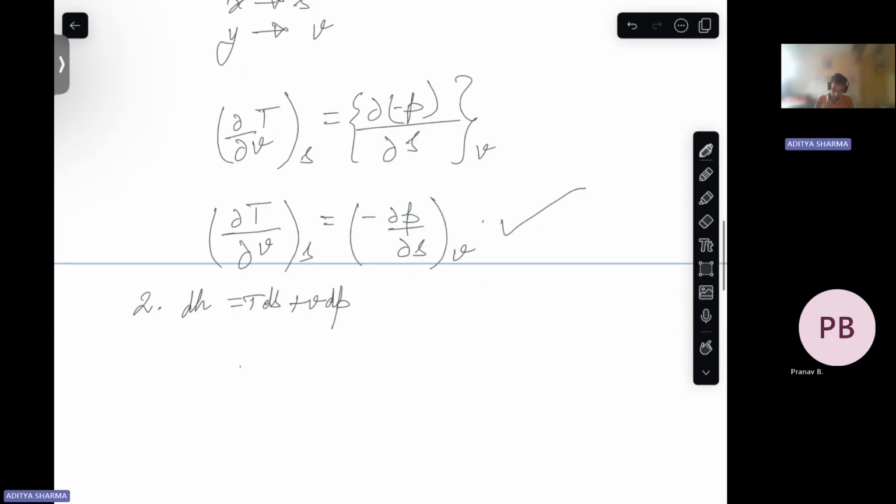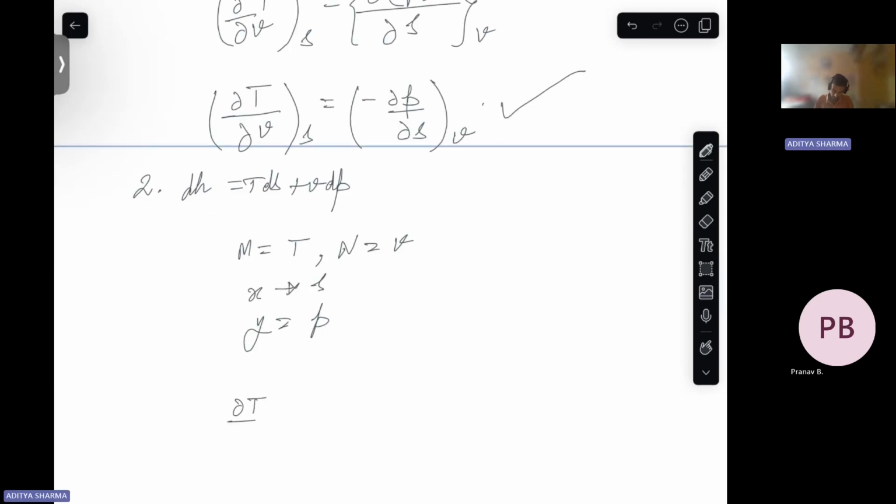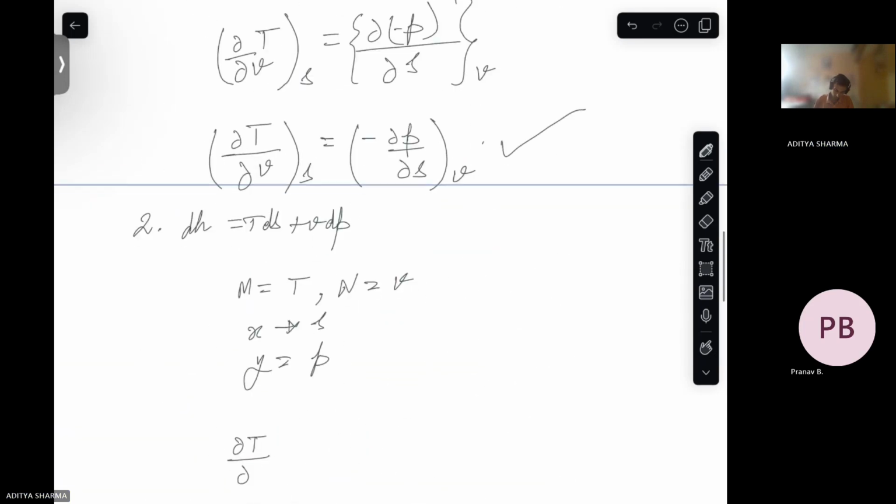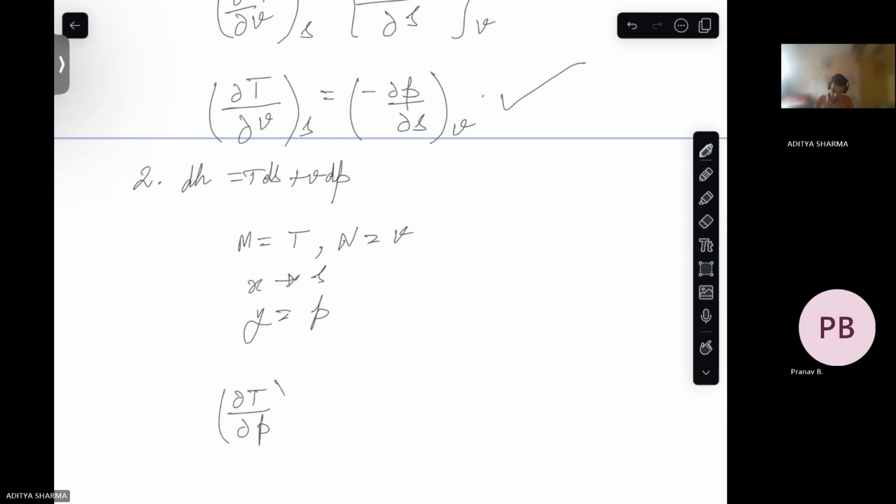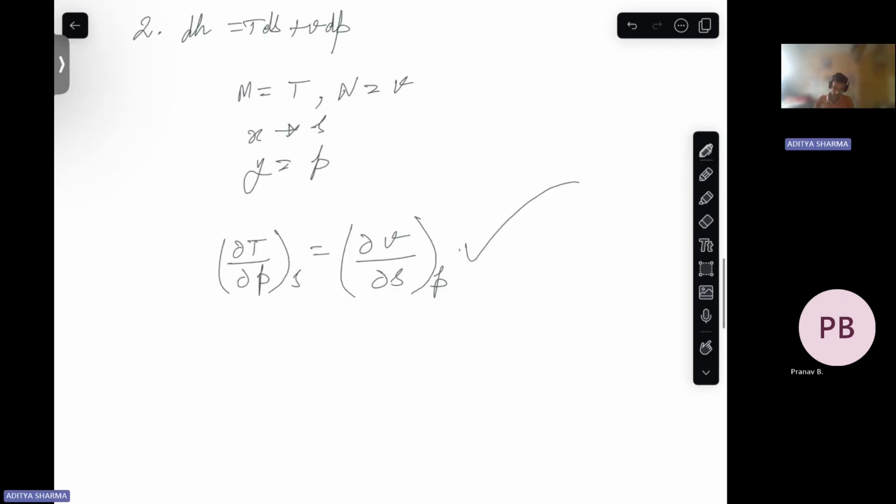So here M is T, N is V, x is S, y is P. So it becomes dou T by dou P at constant s equals dou V by dou s at constant P. Sorry, I had written N directly, so this N is V. So this is your second Maxwell relation.